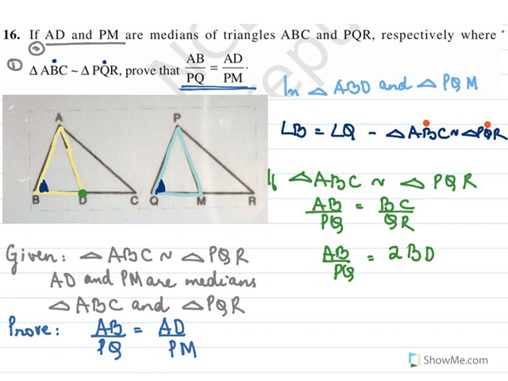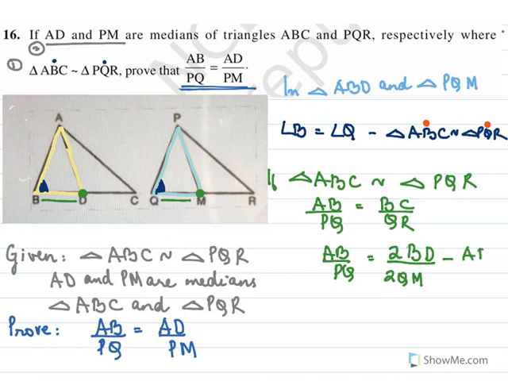Because AD is a median, so D is a midpoint. So definitely you will agree that BD is half of BC. Similarly, PM is a median, so M is a midpoint, and QM is half of QR. So for QR, I can write twice QM.